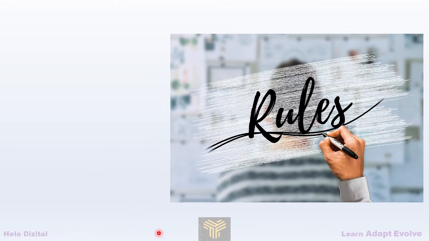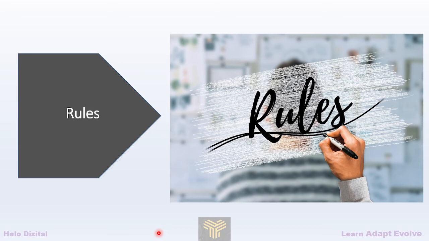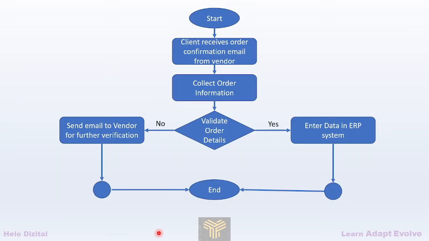Now let's move to the next block, which is logics or rules. The logics or rules or decision points are used by a bot to decide which sequence of steps to be performed. Now let's see what happens if there is something missing or incorrect information in the order details. In the same process flow, now we have a decision point where the bot verifies the order details after reading from Outlook.